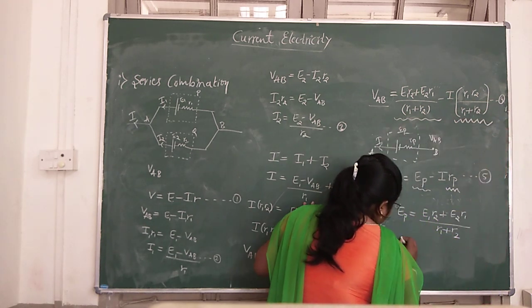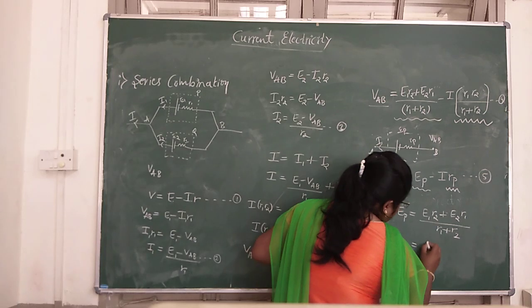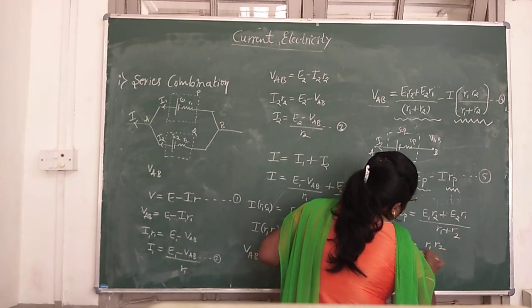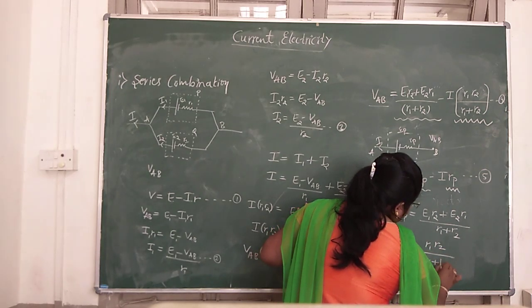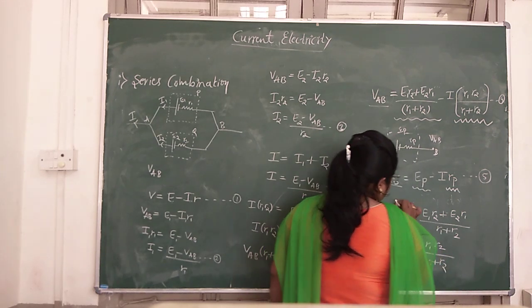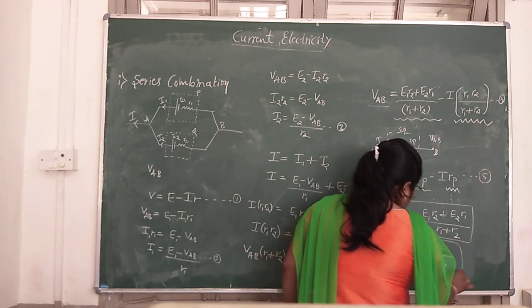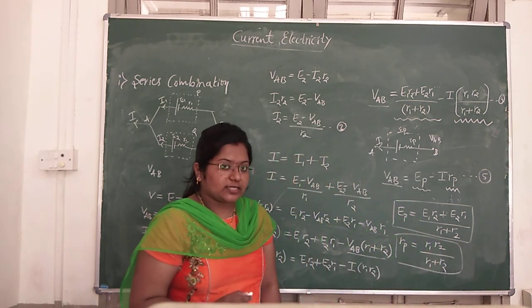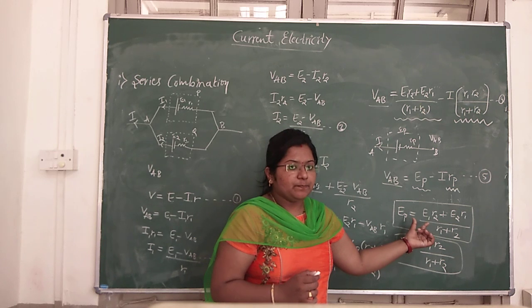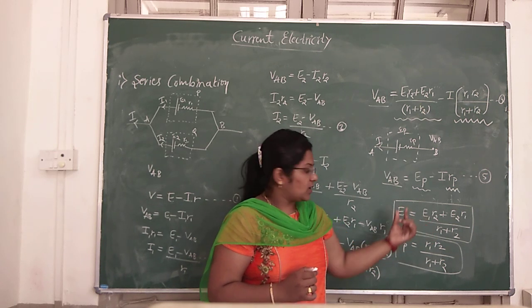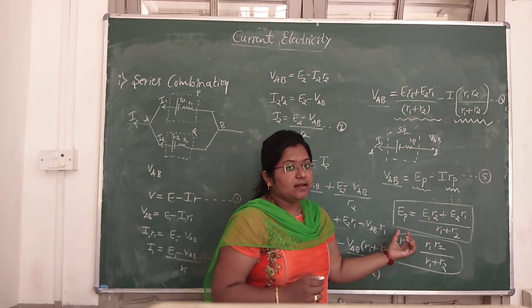So, what is RP? R1 R2 divided by R1 plus R2. So, by this derivation, we have got two expressions. First one is the effective EMF, and the other is the effective internal resistance.